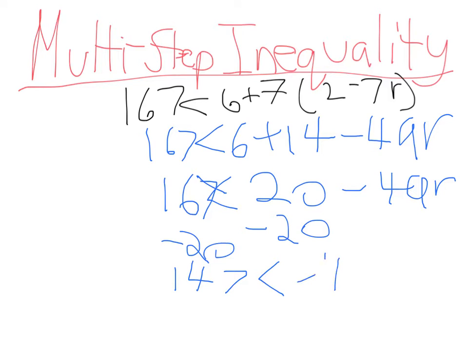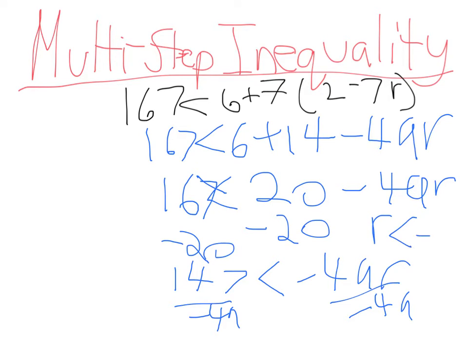Is greater than -49r. I'm going to divide that by -49. And that is going to give us r is less than -3.